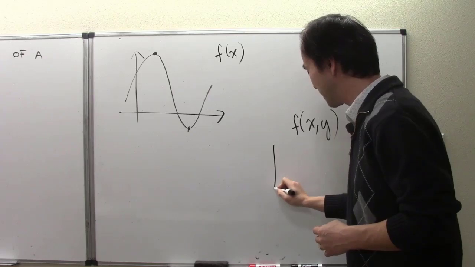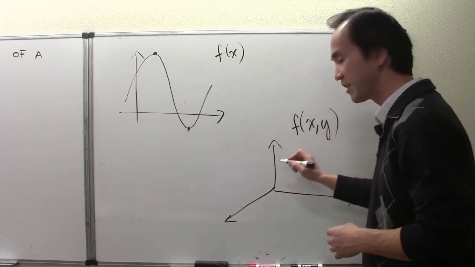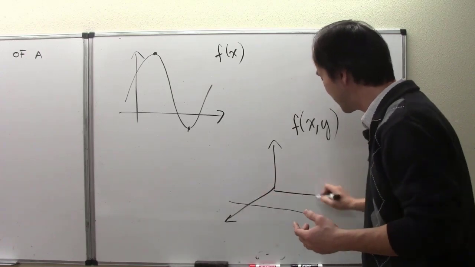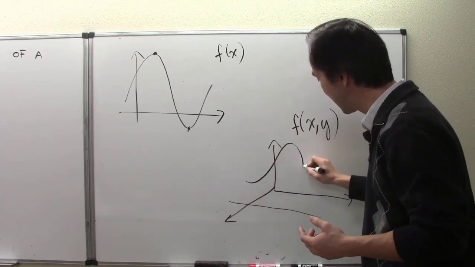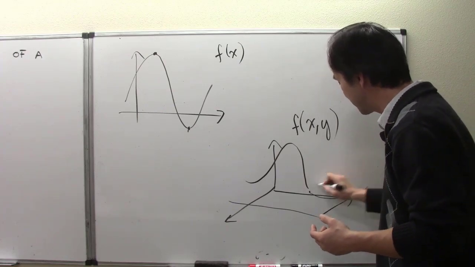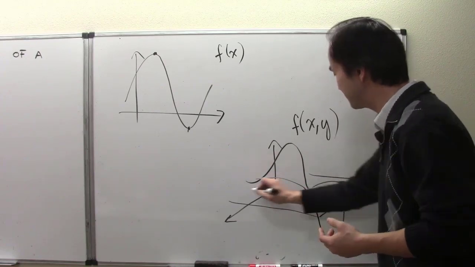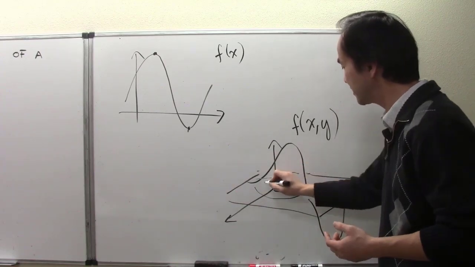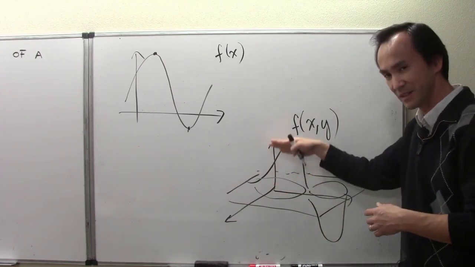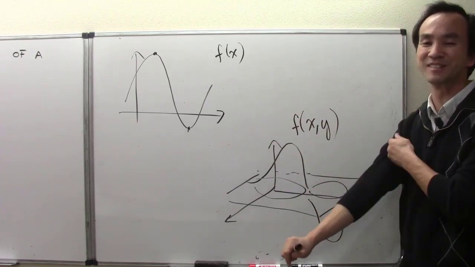I'm trying my best to draw a sketch here, but a function of two variables has a graph that is a surface. The graph can be like this. It gives me a high peak like a mountain, and then at some point it gives me a low peak. I hope students can imagine the mountains and the valley I'm trying to indicate here.